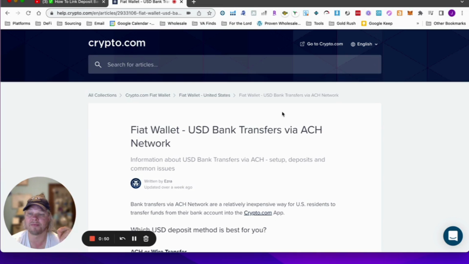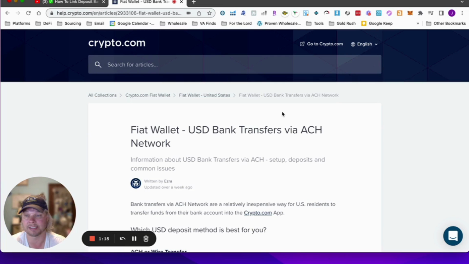That way you can fund what they call a fiat wallet. A fiat wallet is just like the wallet in your pocket or your purse, but it's a virtual wallet, right? It holds the cash. So when you make that transfer, it will go into what's called a fiat wallet.